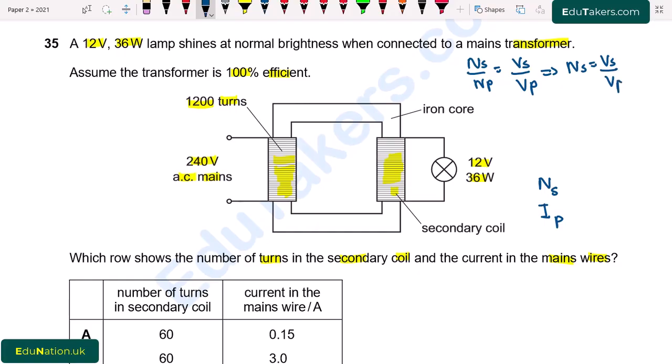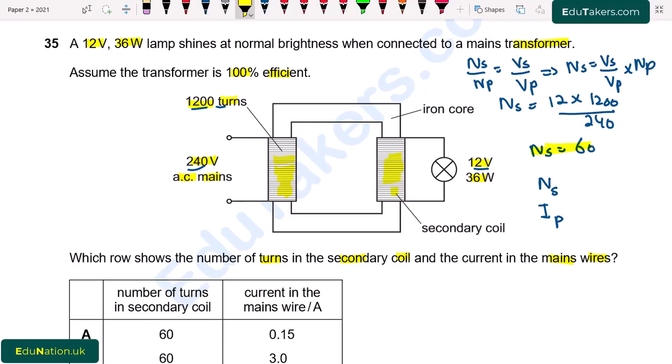So from here, Ns will be equal to Vs over Vp multiplied by Np, where N shows the number of turns and V is the voltage. So Ns will be equal to Vs, here is 12 volt, multiplied by Np, 1200, divided by Vp. So Vp is 240 volt. So the number of turns of the secondary coil comes to be 60.